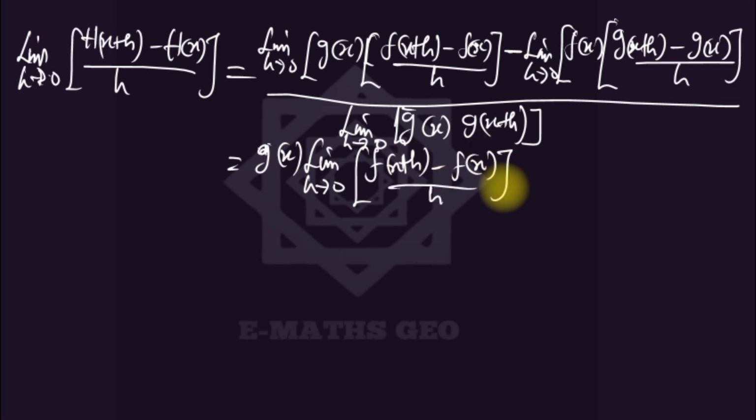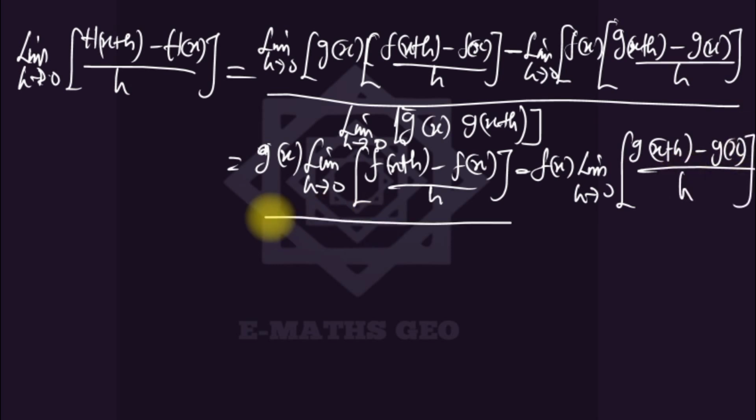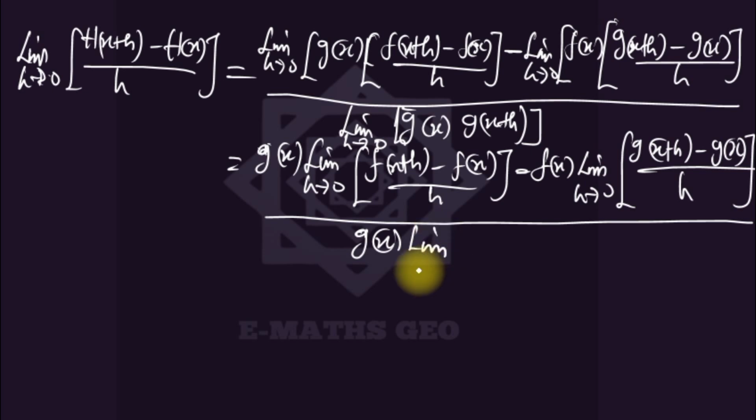The same thing, this is like a constant, so we have f of x times the limit of h tends to 0 of g of x plus h minus g of x over h. The same thing, this is a constant, to have g of x, the limit of h tends to 0 of g of x plus h.